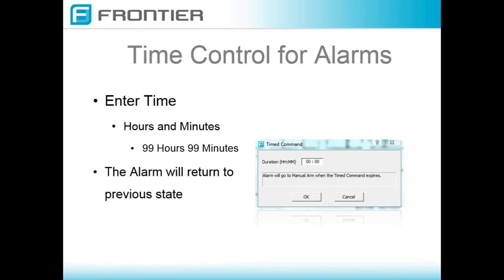We can do hours and minutes, up to 99 hours, 99 minutes, and the alarm will return to the previous state. So if it was originally disarmed and we're arming it for that duration, it'll go back into the disarm state. So I always tell people, when you set this up, just be very, very careful. Make sure you read the box, and that way we can just accomplish it.